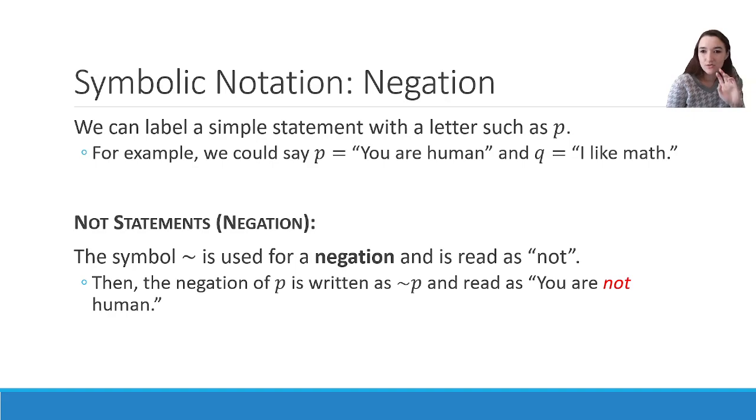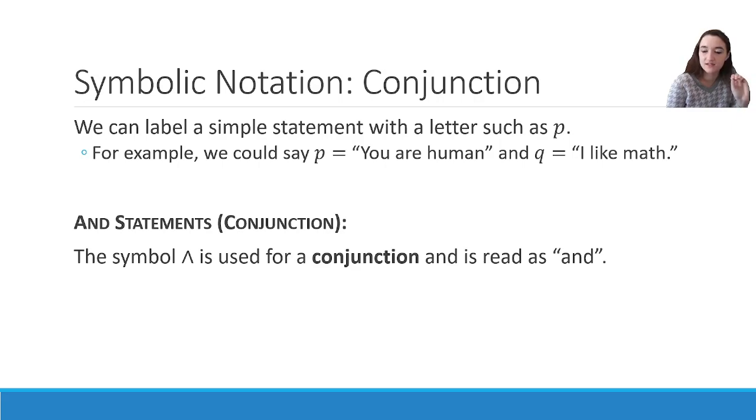All the next ones, we have to combine two statements because we're using connectives. So first we have and statements, also known as conjunctions. We use what looks like an upside down V. I like to remember it as a capital A without the line, just because it's for and. You're going to have to remember this, just like the union symbol, the U, and the upside down U. We have the one that looks kind of like an A without the line for our and, and then we're going to have one that looks like an actual V for our or.